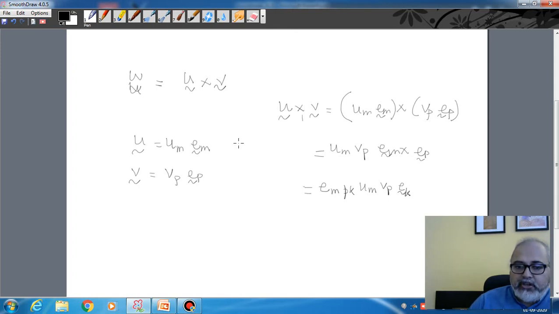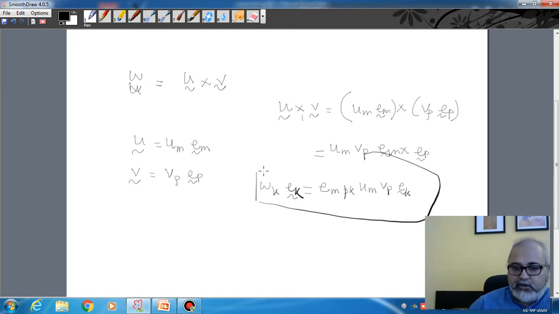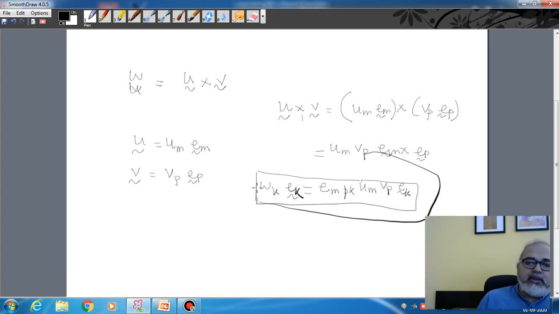So the kth component of W, WK EK, will be given by this. I am messing it up, but this is the final expression that we get. So W is a vector whose components are the permutation symbol MPK UM VP. So its kth component is EMPK UM VP.